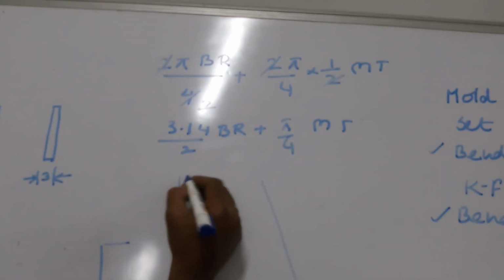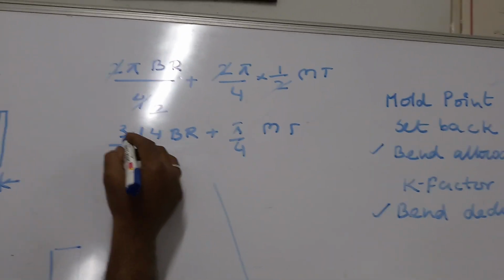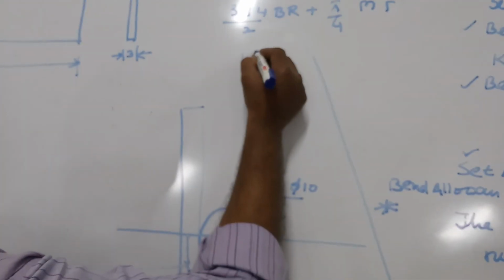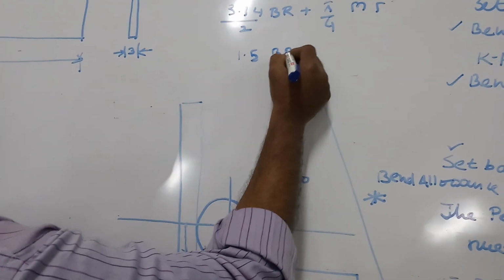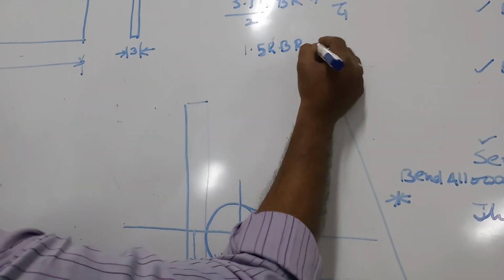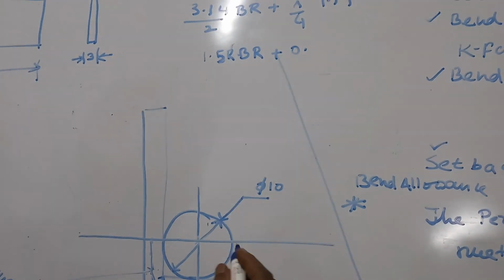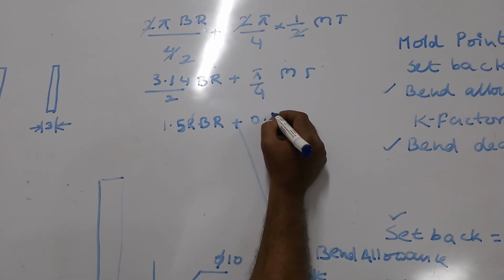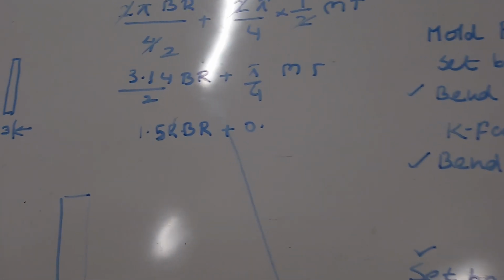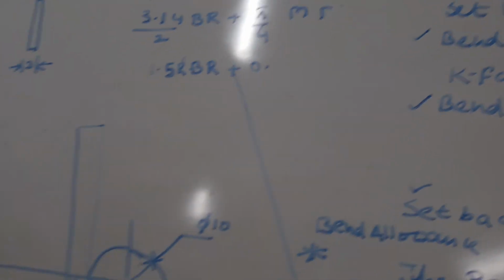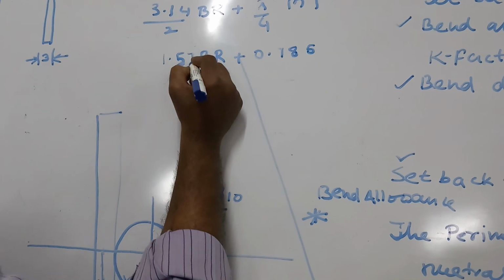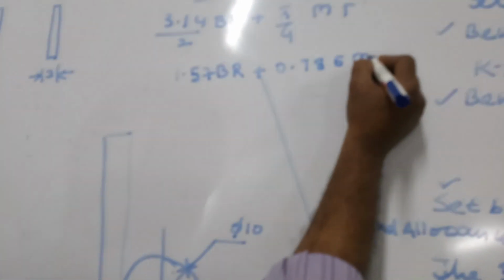So this becomes 1.57 Br, or 1.57 it comes, bent radius plus this is pi by 4, which is 0.785. 1.57 and 0.785 material thickness.